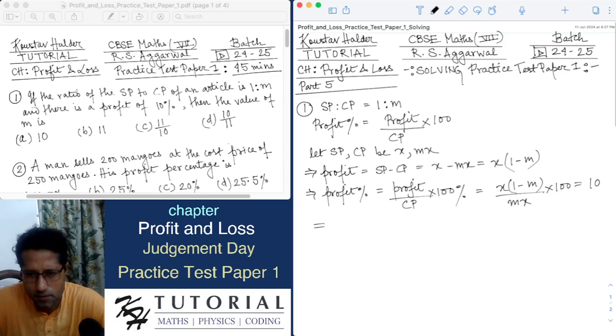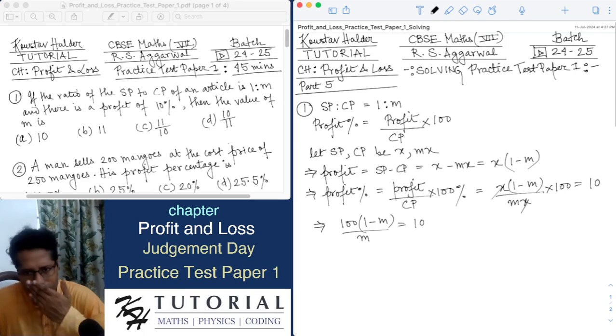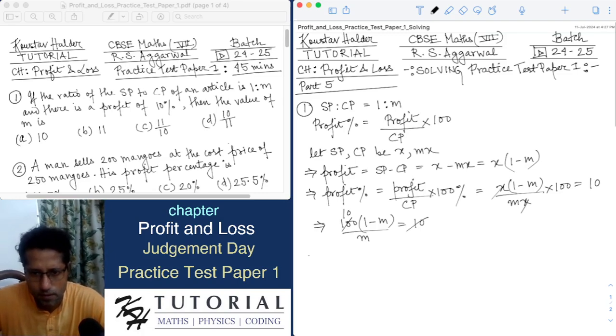Now this implies from the left hand side we can cancel x out, and we get 100 into 1 minus m divided by m equals 10. Now we can also cancel 10 from both sides. We get 10 into 1 minus m divided by m equals 1. So if we do cross multiplication, we get 10 into 1 minus m equals m.